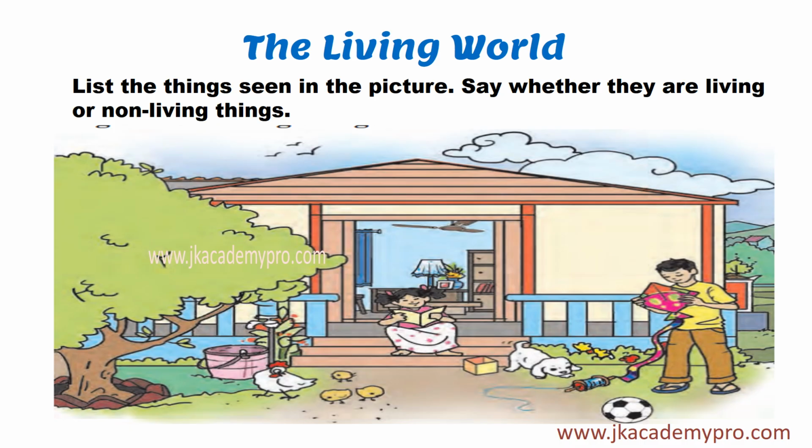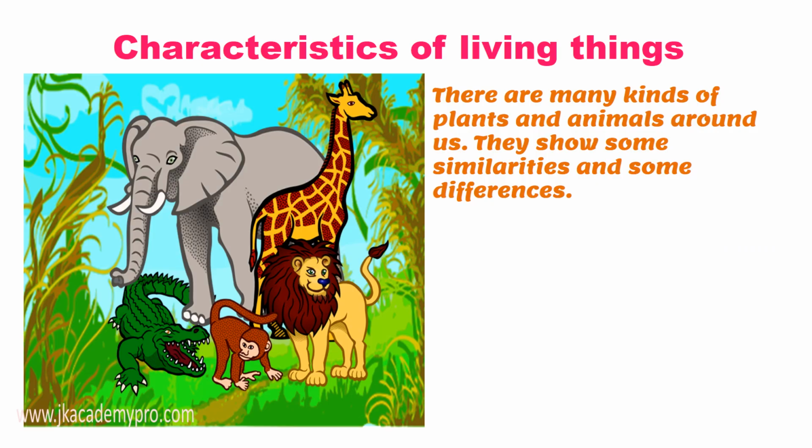So, in this lesson, we are going to learn the various features or characteristics that make up a living thing. That is, what are the distinguishing features of a living thing? Now, there are many kinds of plants and animals around us. They show similarities as well as differences.